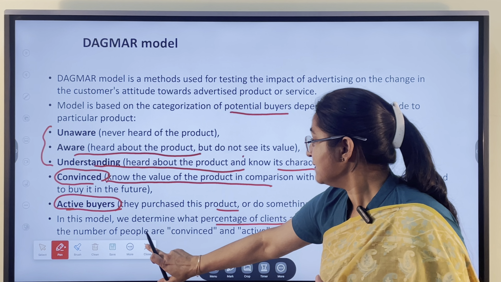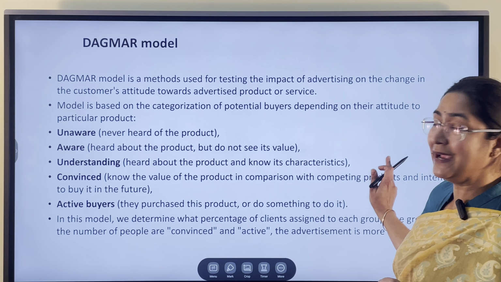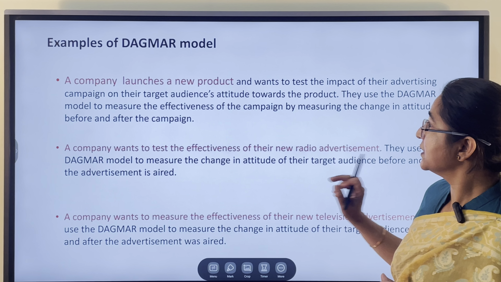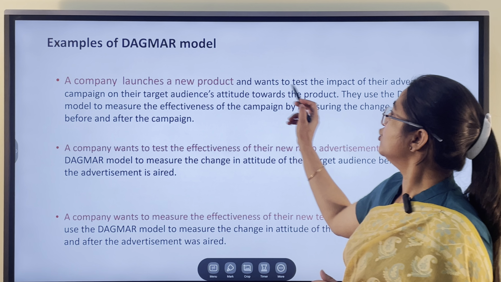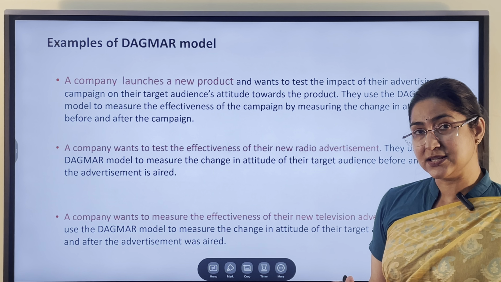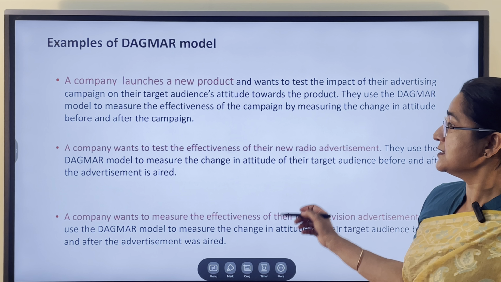So to conclude, I will give the last slide, where it could be applied in marketing campaigns. These are a few general examples. Whenever a company launches a new product and wants to test a campaign, they can use this model to identify the effectiveness.